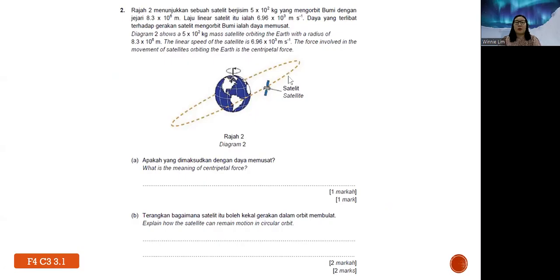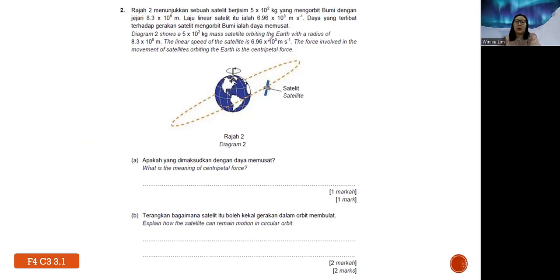This centripetal force is not only in the universe. The basic idea is, if you swing any object, for example a ball on a string, the ball will move in a circular path. The reason is that there is always a force acting towards the center of the circle.